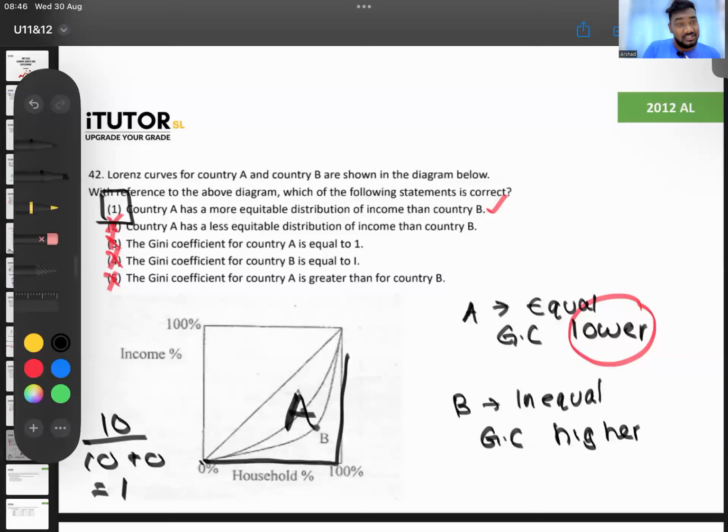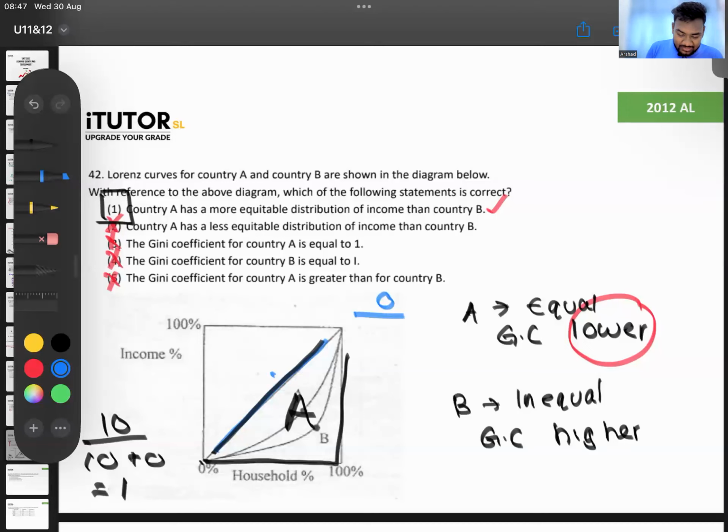Gini coefficient 0 means everyone is getting the same income. Again, practically no. So 0 and 1 are the two ends. In case of the line of equality, what's the Gini coefficient? If the Lorenz curve is on the line of equality, just try to do the calculation. Area of A will be 0.